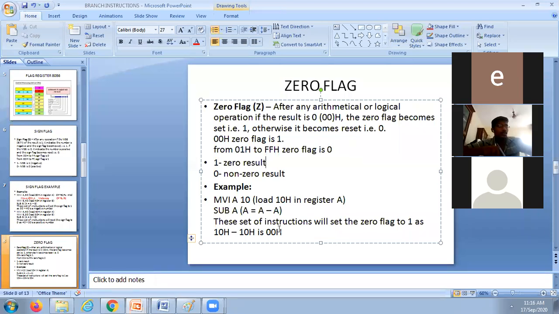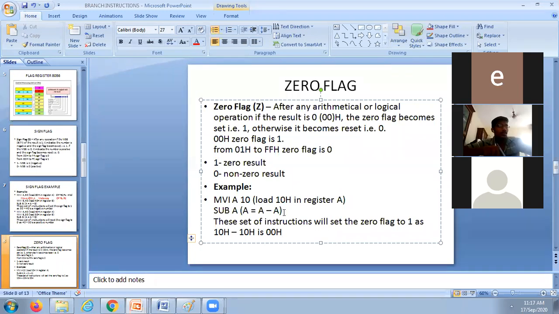Set means zero flag is 1. If the result is not 0 because of arithmetic or logical instructions, the zero flag is reset, that is 0. Reset means 0, set means 1.